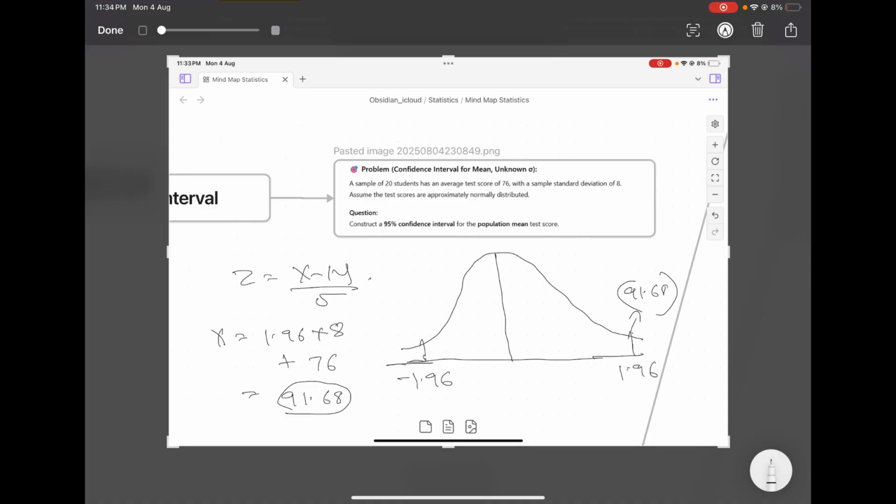The other value is 60.32. So with 95% confidence, you can say that the scores lie between 60.32 and 91.68. So this is how you find the confidence interval.